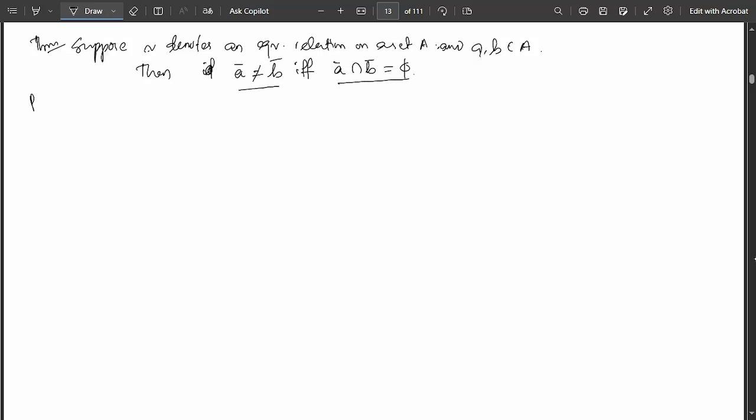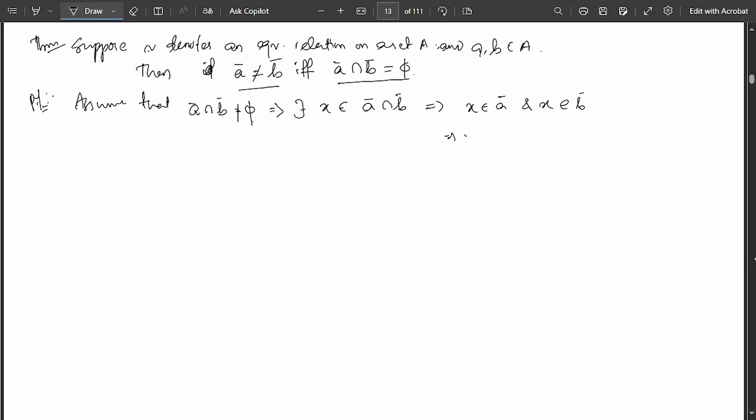So proof. Assume that the intersection is not equal to phi. That implies that there exists some x that belongs to the intersection, which implies that x belongs to both the equivalence classes.